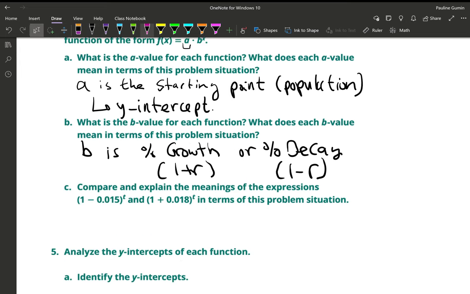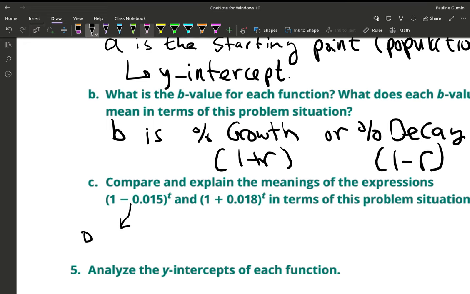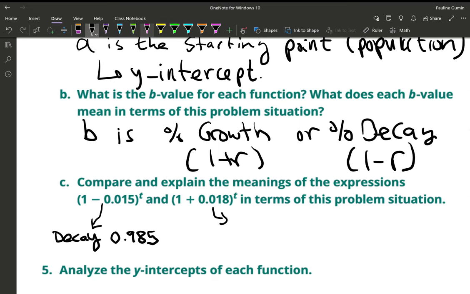Let's compare b's here because we have the 1 plus and the 1 minus. The 1 minus is our decay. And if we actually do the subtraction, we get 0.985. That's a number smaller than 1. It's decaying. If we have the 1 plus, that's our growth. And if we do the actual addition, we get 1.018. And that would be our growth.